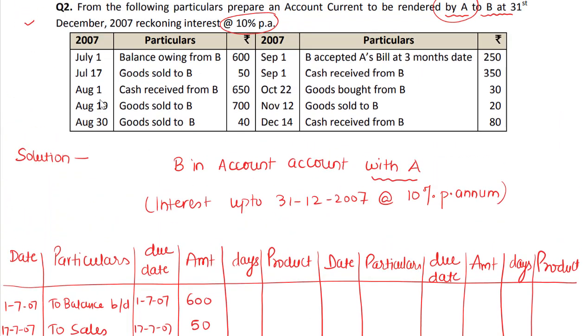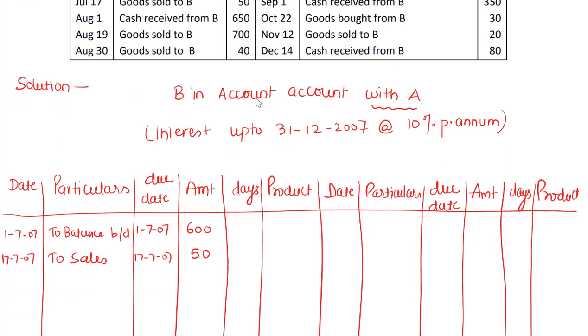Next, 1st August, cash received 650. Date 1st August 07, by cash 650.